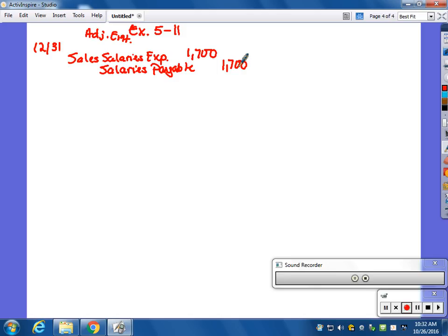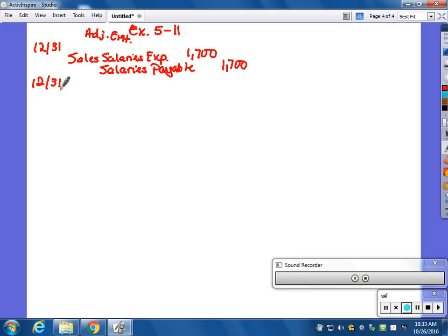The next adjusting entry, they had some selling expenses that expired as well, right? So what do we debit? What do we credit? The prepaid selling expenses, so it's not prepaid if it expired, right?